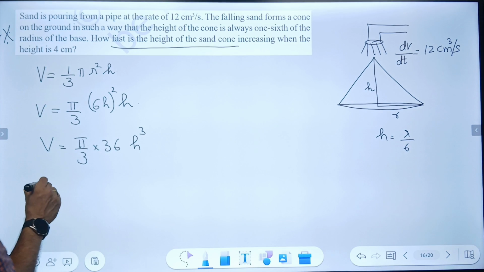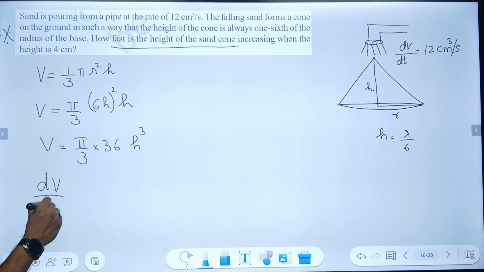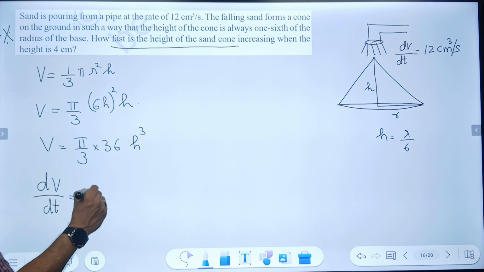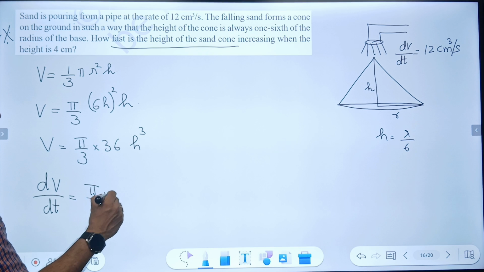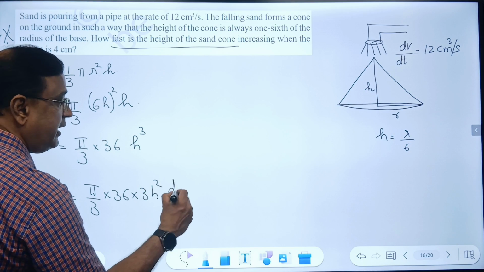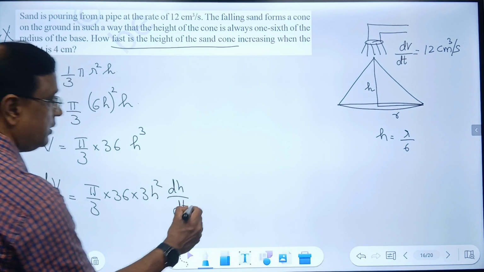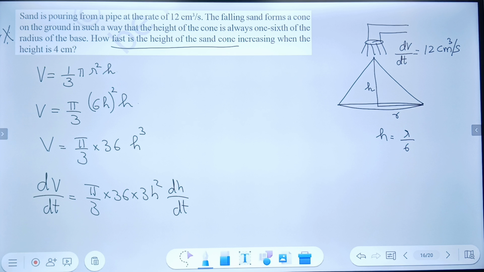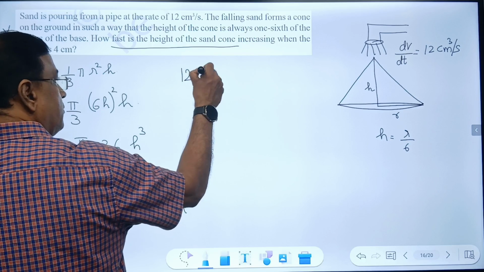Now differentiate. What is dV by dt? dV by dt will be pi by 3 into 36 into 3h square into dh by dt. 3 gets cancelled. Now what is dV by dt given as? dV by dt is given as 12.